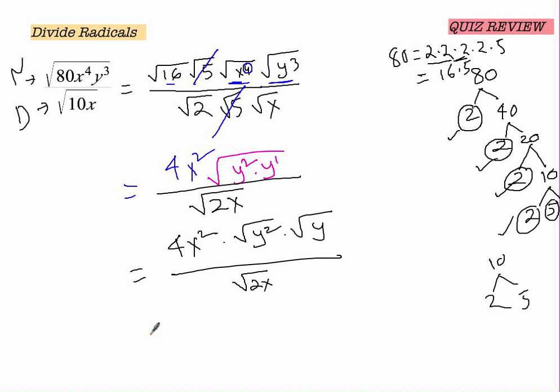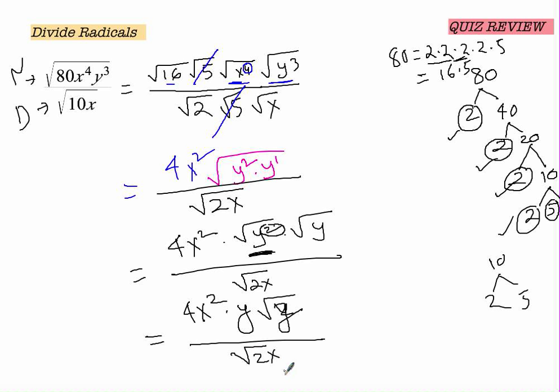Alright, let's continue with this simplification. We have 4x to the power of 2. When we have an even exponent, we take this exponent and just divide it by 2. 2 divided by 2 is 1. So this will simplify down to y to the power of 1. And we have square root of 2y, and everything is divided by square root of 2x.